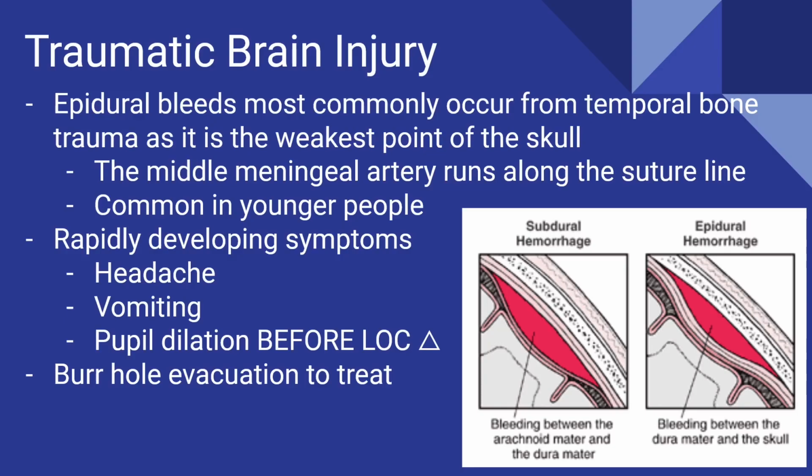So that's a big thing that they can ask about on the test: you see pupillary change first, the patient's still conscious, they're vomiting, have a sudden headache, and you'd suggest that they potentially have an epidural bleed. And one of the common things they'll do, instead of managing ICP, is burr a hole into where they believe that bleed is after imaging and release the pressure.